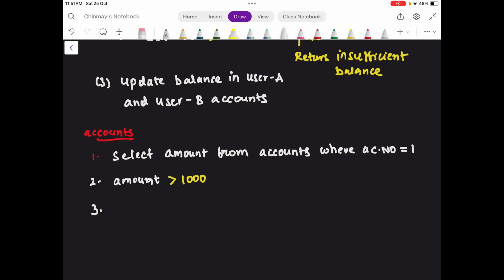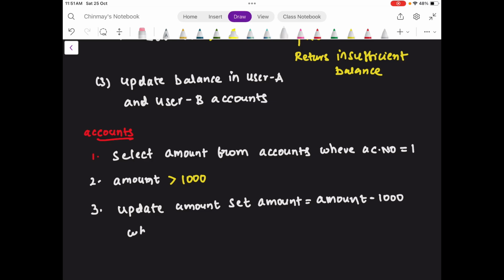Third, update amount: set amount equal to amount minus 1000 where account number is equal to 1.